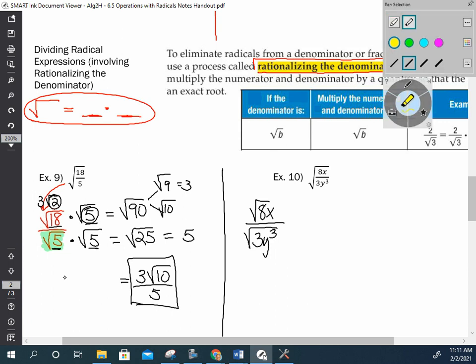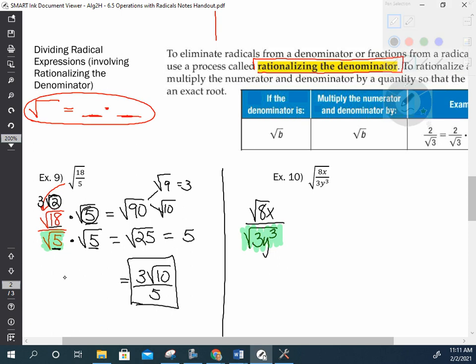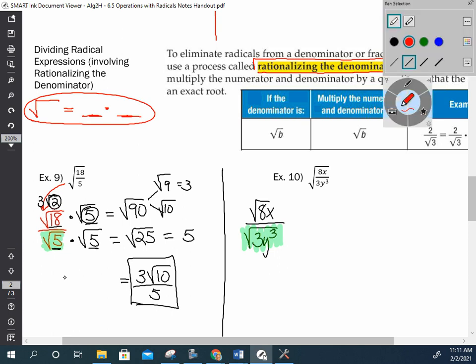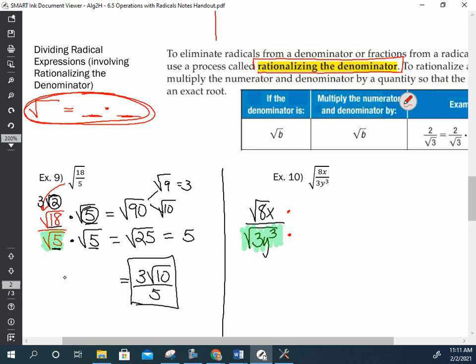Once again, you got a square root sitting at the bottom of the fraction, so we're going to get rid of it. Remember, a square root is anything times itself. We're going to multiply the top and the bottom by square root of 3y to the third.